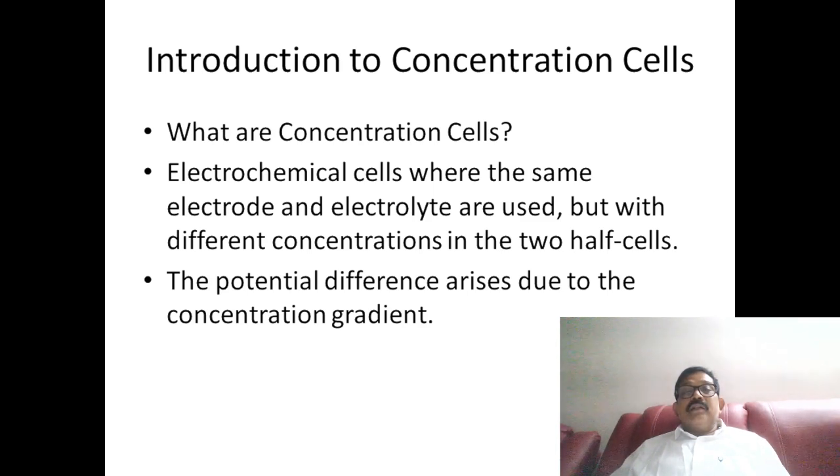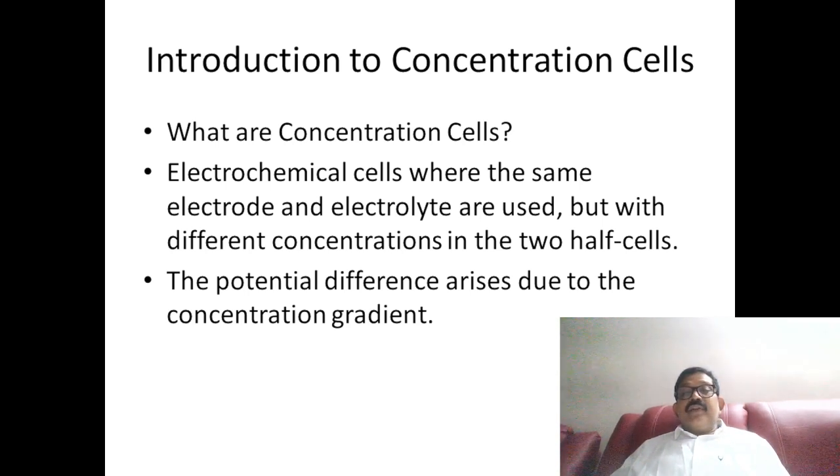So like that, same kind of electrodes and same electrolytes, but the concentration of electrolytes are different in the two half cells. So such kind of cells are called electrochemical concentration cells.